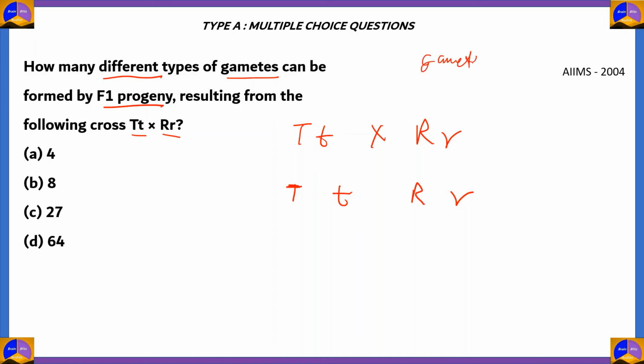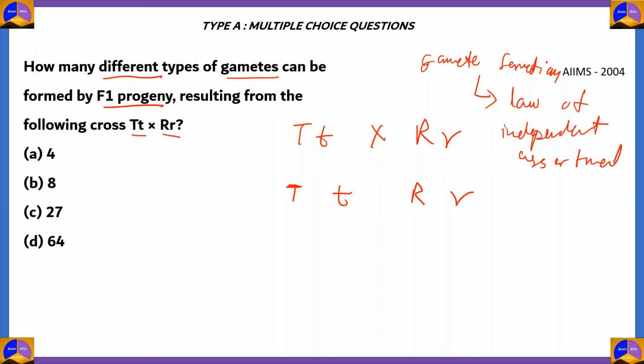Now, gamete formation follows the law of independent assortment. So we can have a gamete with capital T and capital R. We could also have one with small t and small r.